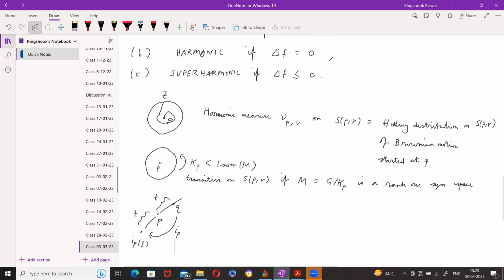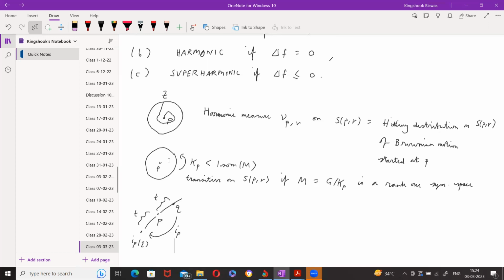The hitting distribution of Brownian motion, the harmonic measure, is nothing but the Haar measure. Also, since this isometry group acts transitively on the sphere, the Riemannian measure on the sphere is invariant under the group. Therefore, it is also equal to the Haar measure. Therefore, the harmonic measure equals the Haar measure, which equals the Riemannian measure. Is it clear?